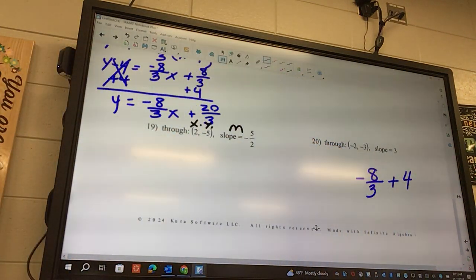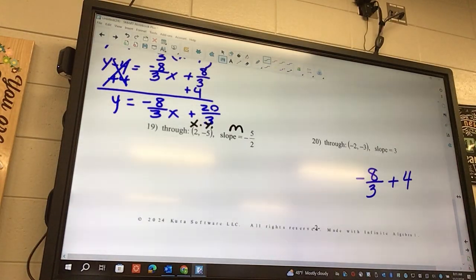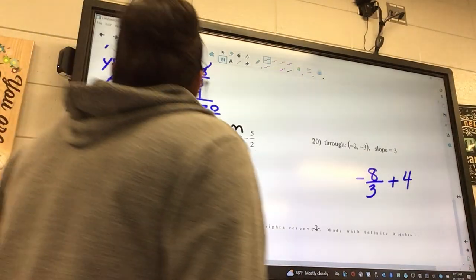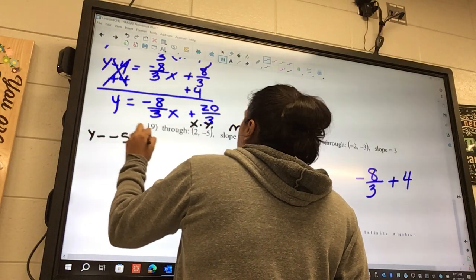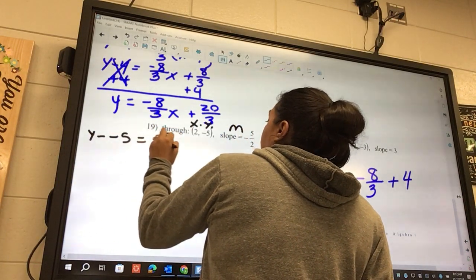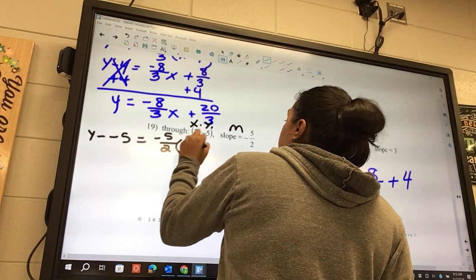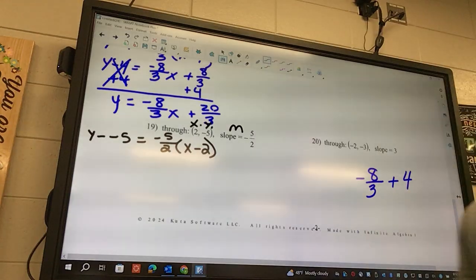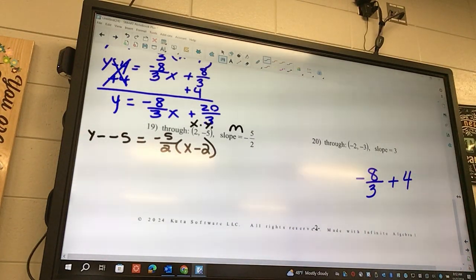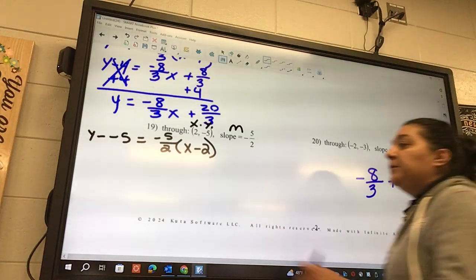Okay, the last one. We're gonna label x1, y1, and an m. So we got y minus my y1 is -5 equals my m is -5/2, x minus my x1 is 2. Okay, do we have any minuses? Yes, so we need to change that first.